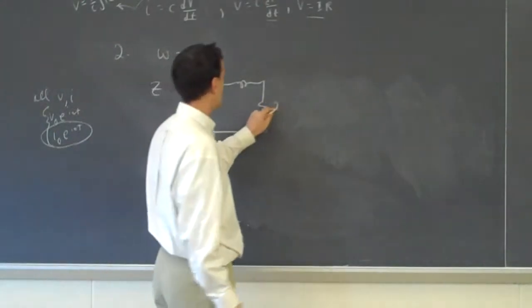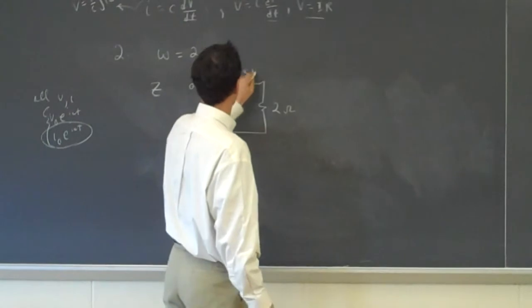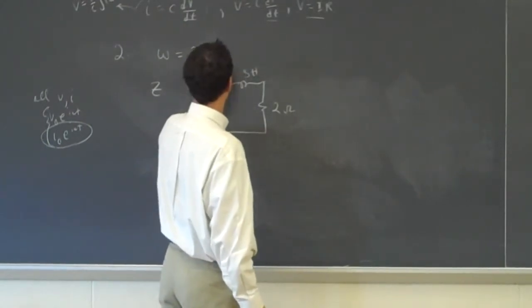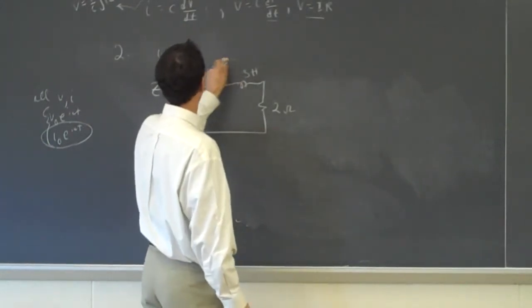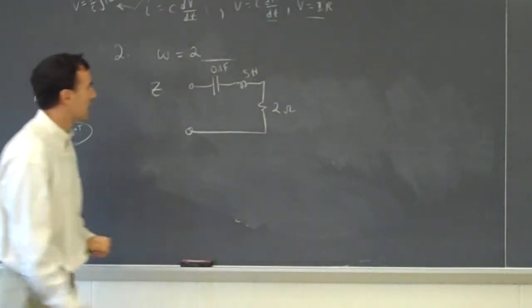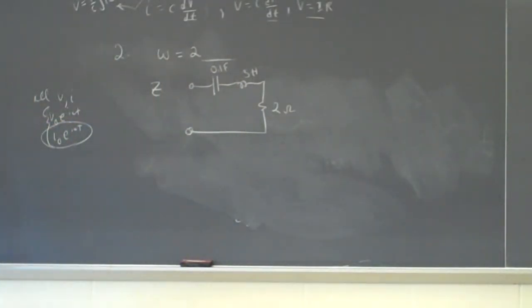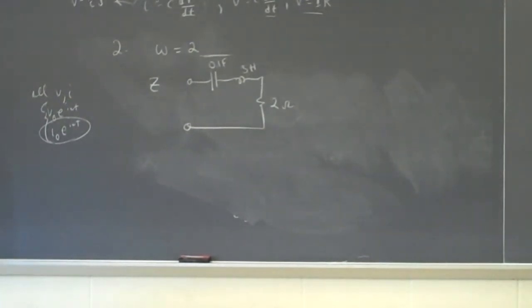And let's say this is 2 ohms, 3 henries, and 0.1 farads. Before I do it, I want you to tell me what the units of that 2 are. So just saying omega equals 2, what units should that 2 have?